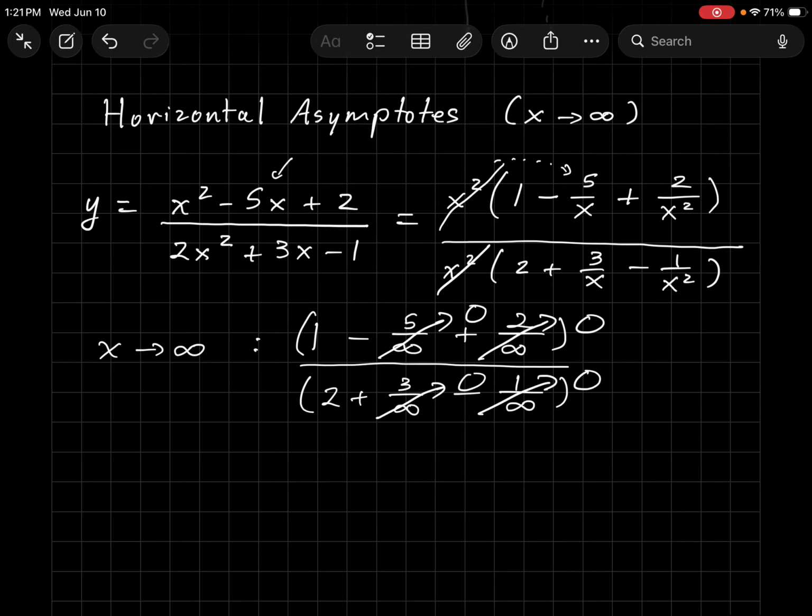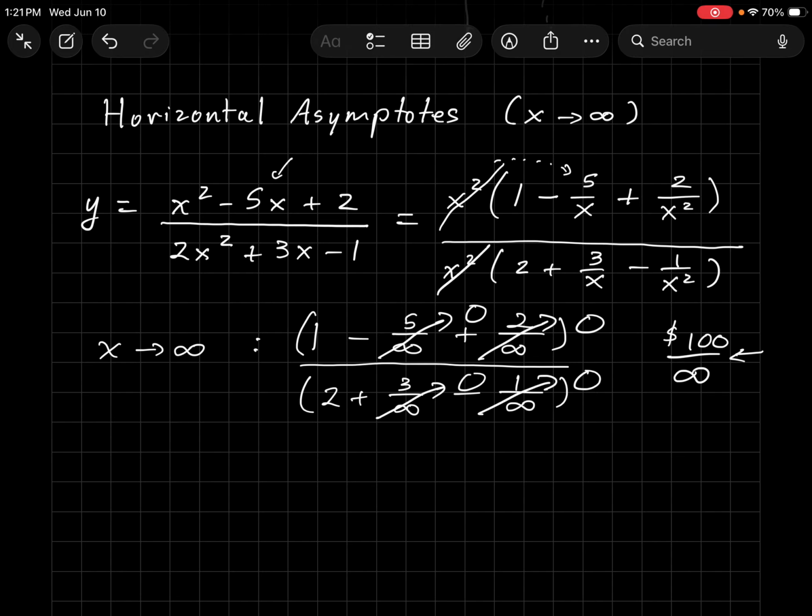The way I think about it, pretend I had 1 over infinity like I did in the denominator. Imagine that I have $1 and I divide it amongst an infinite number of friends. How much does each friend get? What if I had $100 and I divided it amongst an infinite number of friends? How much would each friend get?